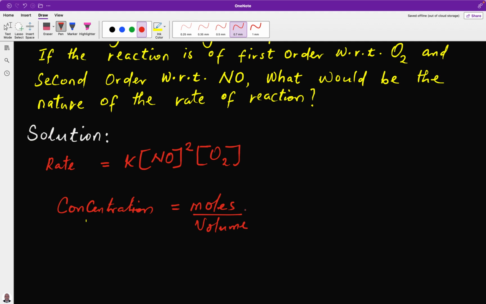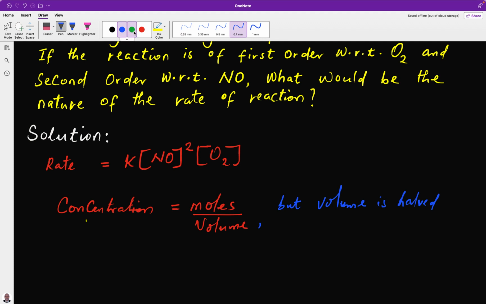But we are told volume is halved. Volume is halved. So what can we do?